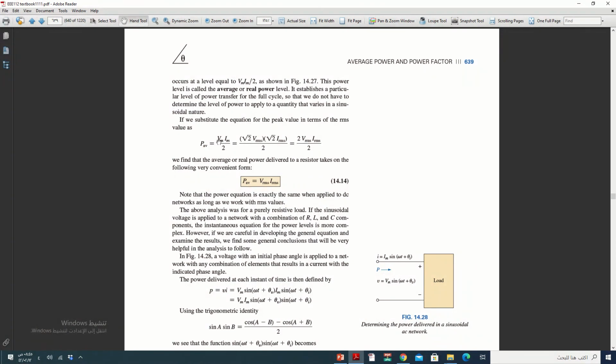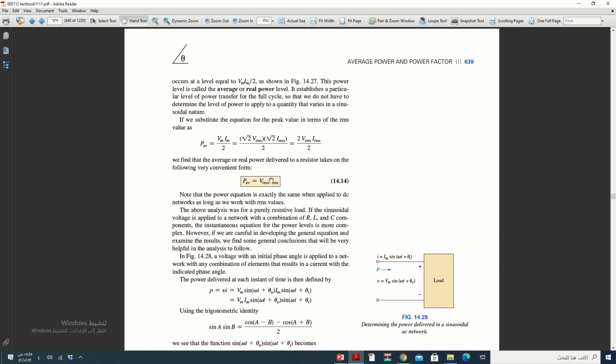If we write the peak by the RMS value, it becomes root 2, like last lecture we said the peak equals root 2 multiplied by RMS, and the current peak is root 2 multiplied by the RMS current. Root 2 multiplied by root 2 becomes 2, the 2 with 2 cancel, leaving VRMS multiplied by IRMS.